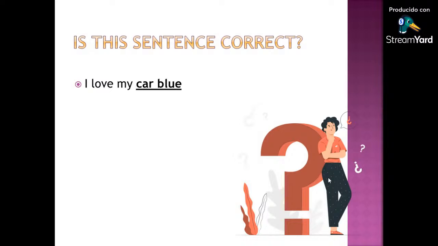Tengo un coche azul. But this is only used in Spanish. In English, we change completely the order of this. And in English, we need to place the adjective first.